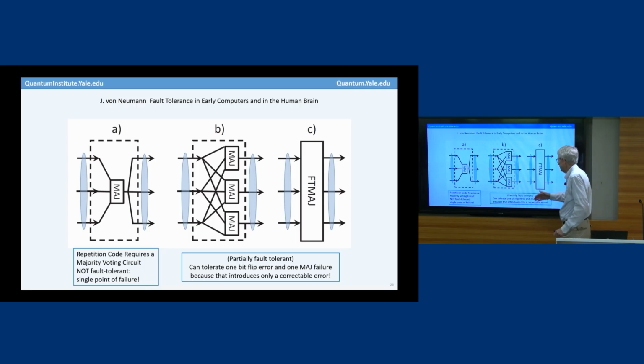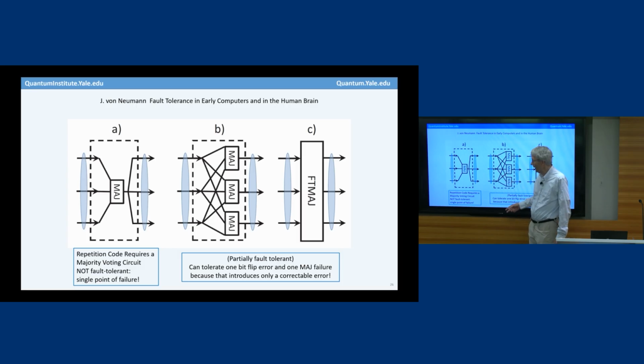Okay, so there's a single point of failure. Well, you can make it tolerant of one failure: you can replicate the majority voting units, okay? We're going to assume all the wires don't break. You can't be completely paranoid. So here's your code, right? 3 bits, and you copy them into all 3 majority voting units.